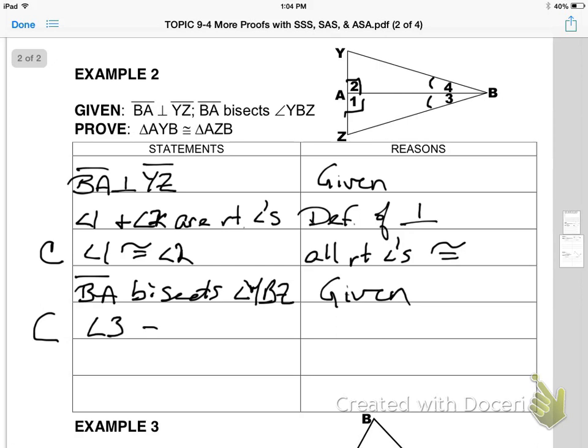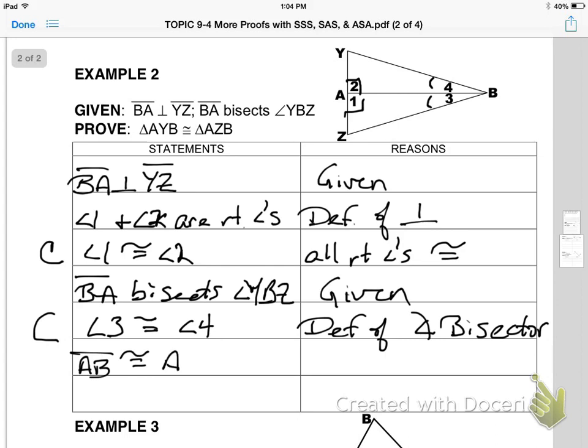Angle 3 is congruent to angle 4, and hopefully you know by now that's the definition of an angle bisector. And then we have a reflexive side, so we have AB is congruent to AB, and that property is reflexive.